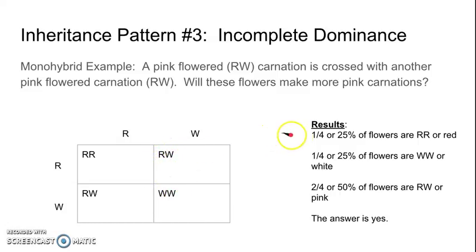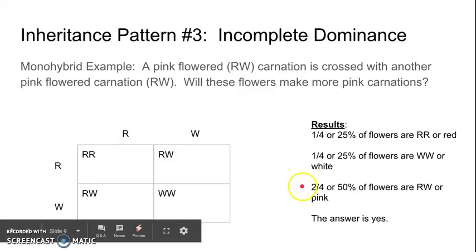So what does this mean? Well, we go over here in the results, and what we see is that 1 out of 4 possibilities will give us RR, which means the flowers will be red. 1 out of 4, or 25% of the offspring, could be WW, which means that they would result in white flowers.